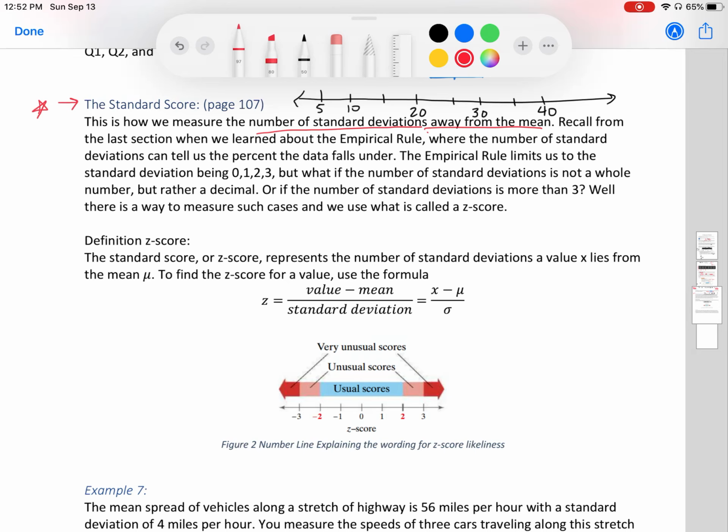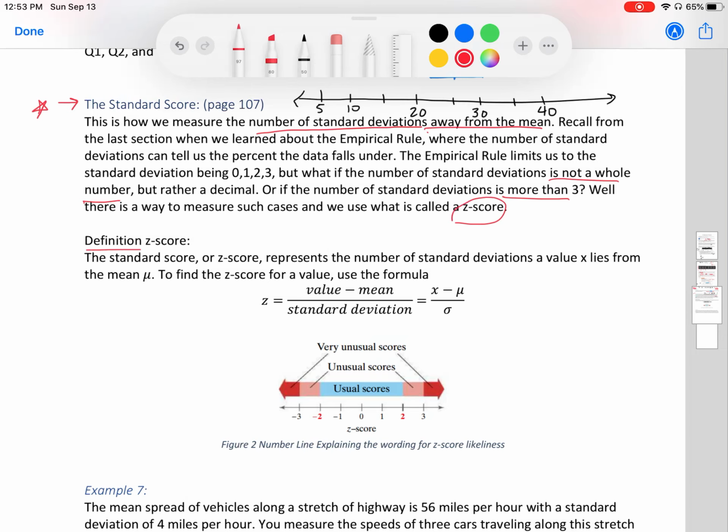But what if the number of standard deviations is not a whole number, but rather a decimal? Or if the number of standard deviations is more than 3? That is not covered by the empirical rule. Well, there is a way to measure such cases, and we use what's called a z-score.